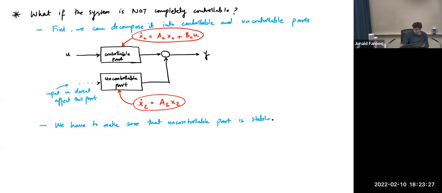And if that's the case, then we say that the system is stabilizable, right? So if you ask me about the stability of the system, I will tell you the system is unstable, but it can be stabilizable, which means that the uncontrollable modes or uncontrollable parts are actually stable. So it's considered to be stabilizable.